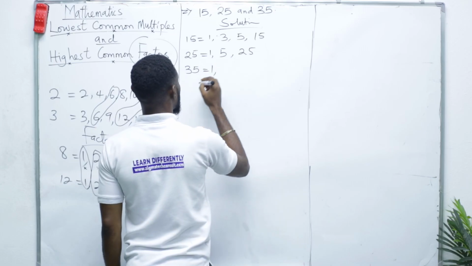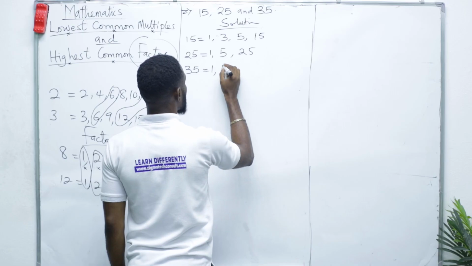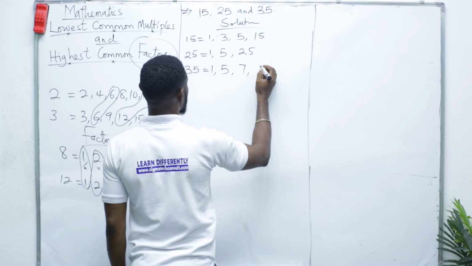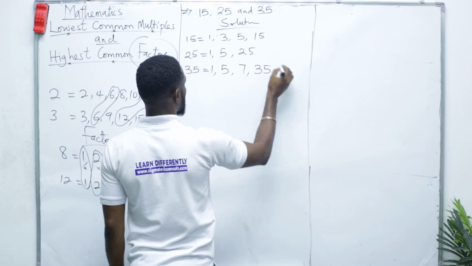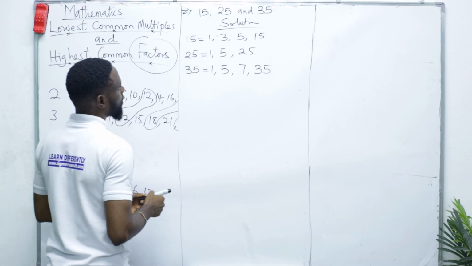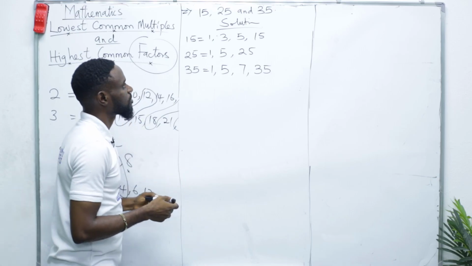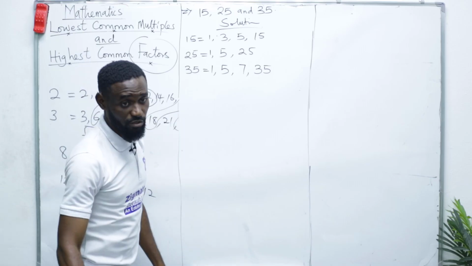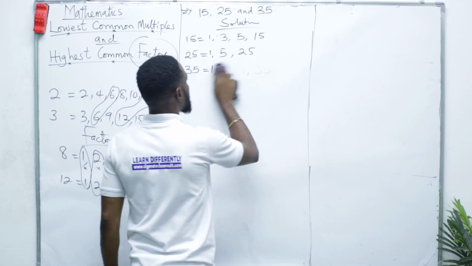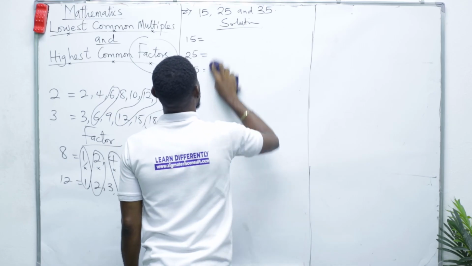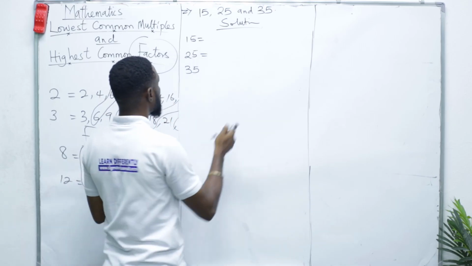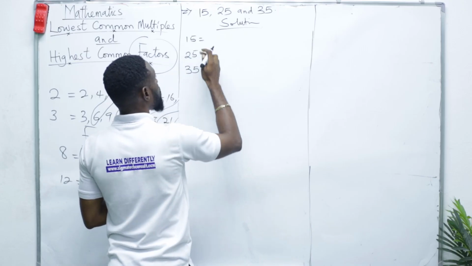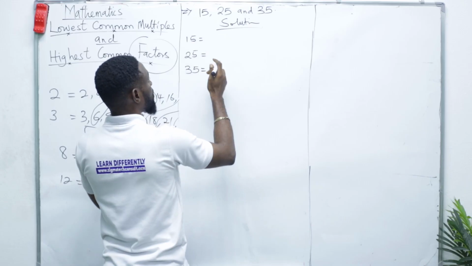Here, 1 is a factor, 5 is a factor, 7 is a factor, and the next factor there is 35. Now, they are talking about LCM, not HCF, so this kind of method would be quite cumbersome for us to use.